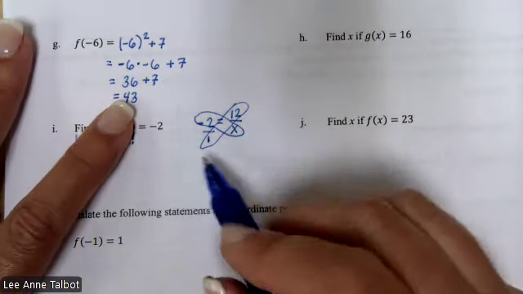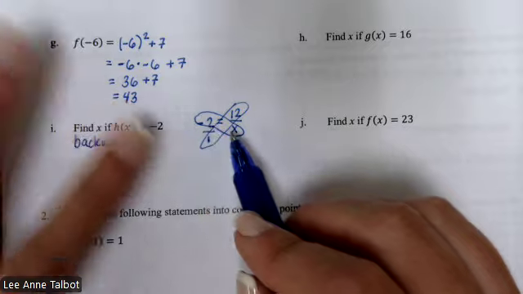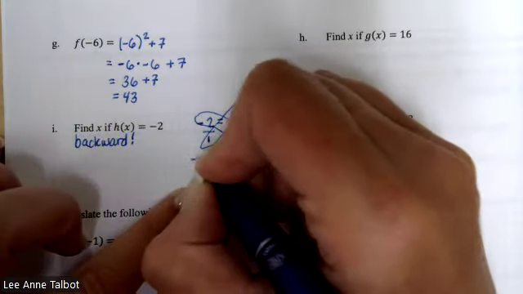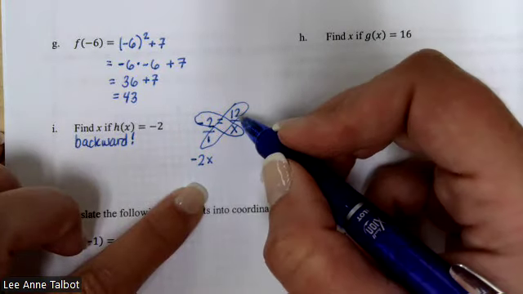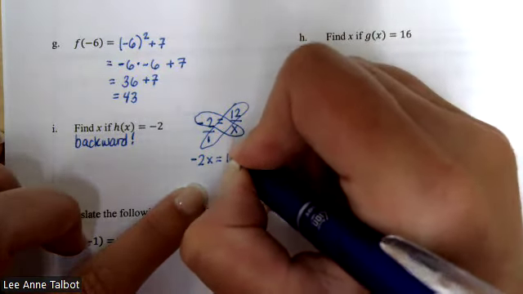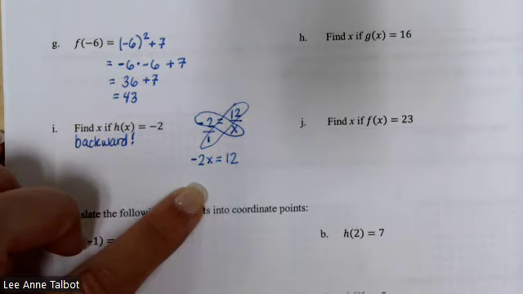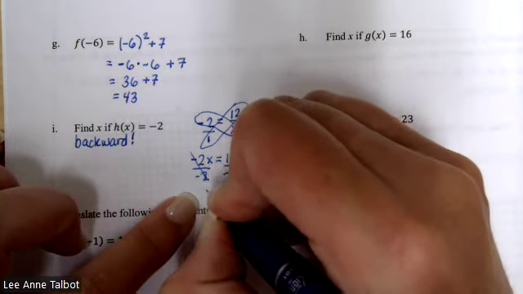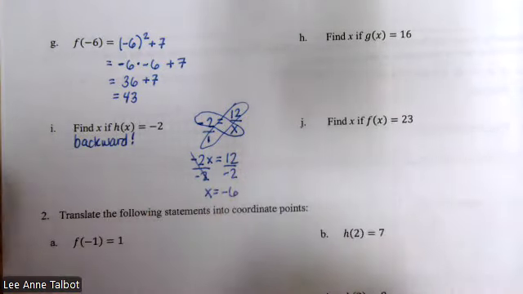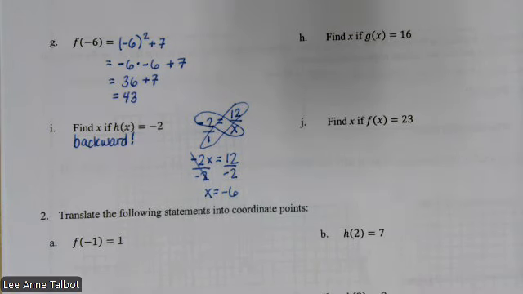So let's go over cross multiplying. -2 times x is -2x, and 1 times 12 is 12. X equals -6.